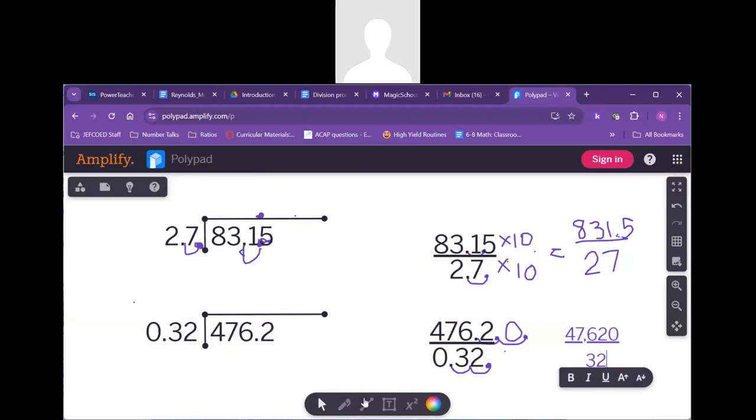So again, over here, if I'm doing it with the division box, I know I want to get rid of that decimal. So I'm going to drag it 1, 2 times. Now, why do I make those little divots? Because when you do that, it helps you to see how many place values you moved your decimal, okay?